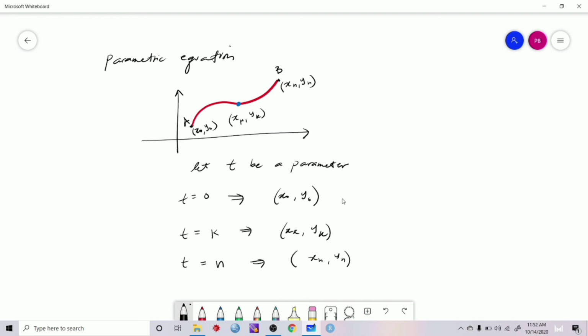Using this notion, we can express t in terms of input to x and y.